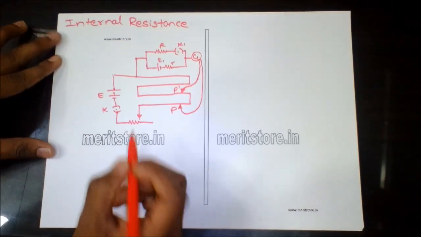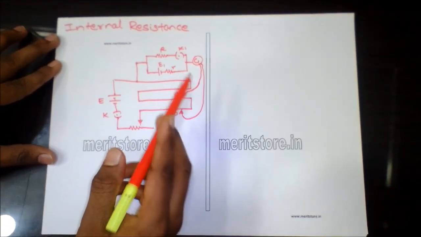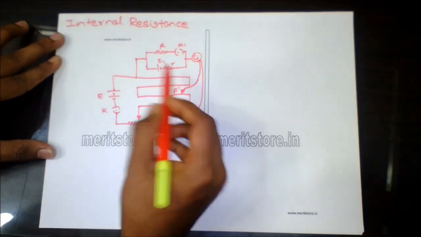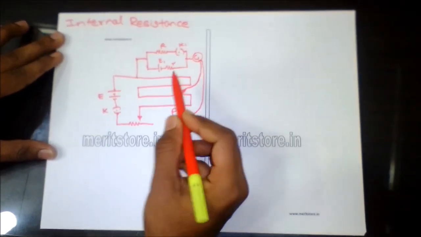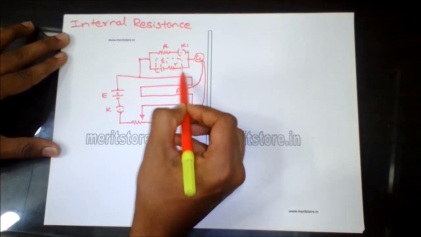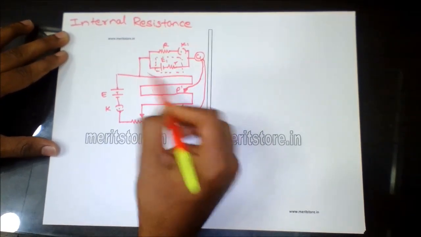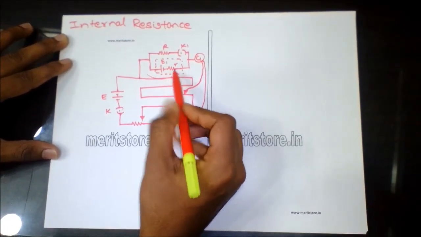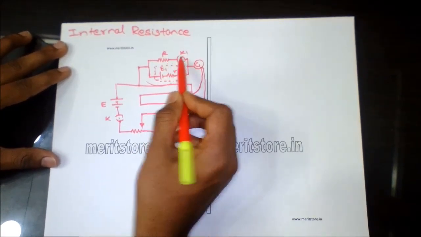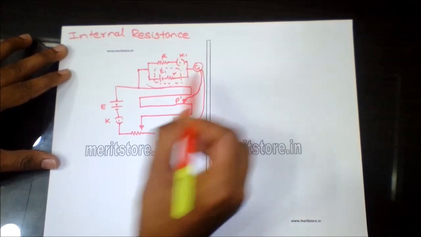The potentiometer can also be used for finding out the internal resistance of the cell. In order to find it out, the arrangement is as shown here. This portion is nothing but the cell of which internal resistance is to be found out. It is shunted with a parallel resistance in combination with a key.